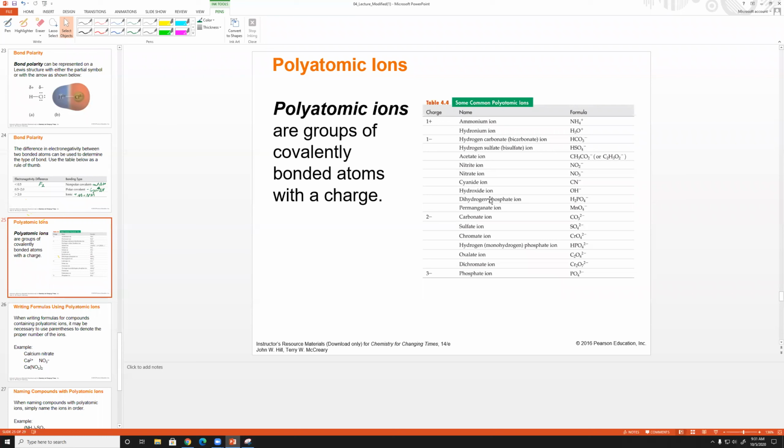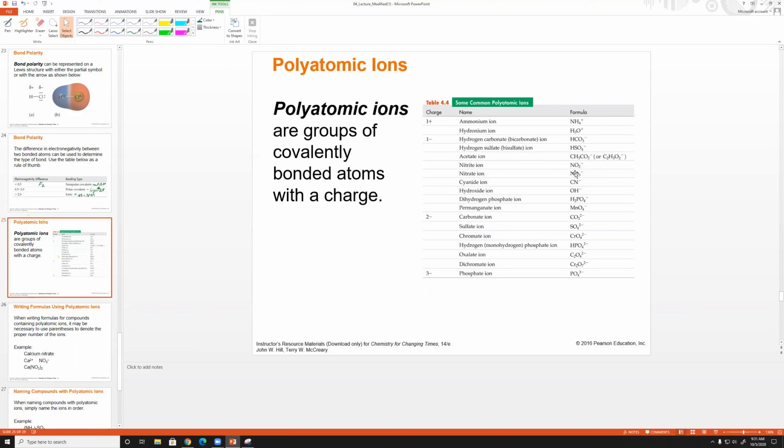And you can see those examples here. Hydrogen carbonate, it's HCO3. They are all covalently bonded together, right? There's no metals here. Most of them don't have any metals. Some of them do. Chromate has metal. But acetate doesn't. So this covalently bonded group, the entire group has a charge. So that means the entire group can interact with a positively charged ion, because you see most of them are negative. The only positive one is ammonium.